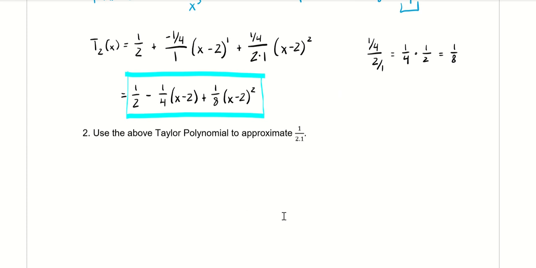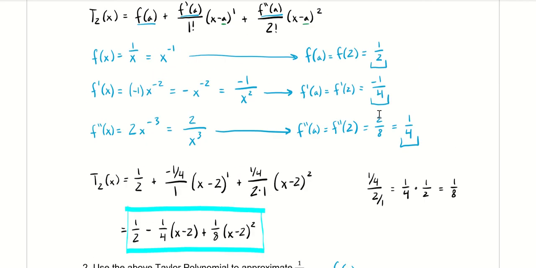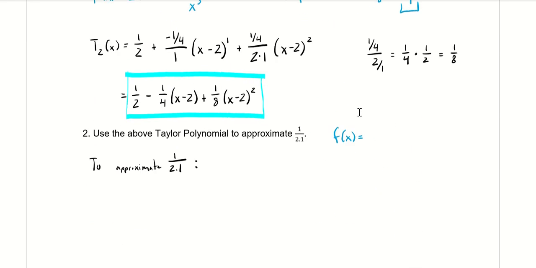All right, and we want to approximate 1 over 2.1. Now remember, the thing here is we want to look for what our x is. Our original function here is 1 over x, right? So the x, the thing that we're plugging into this structure, is the 2.1.